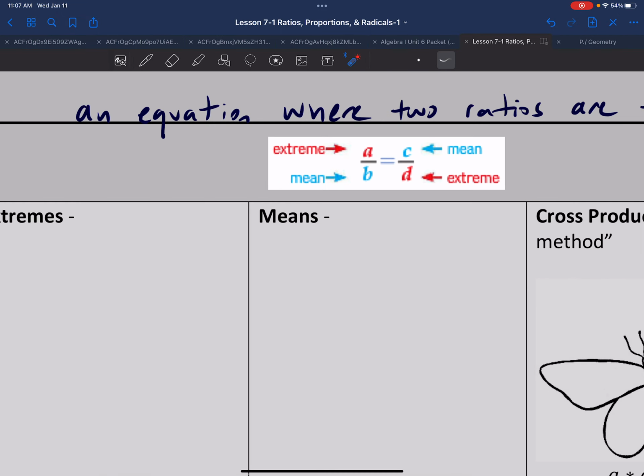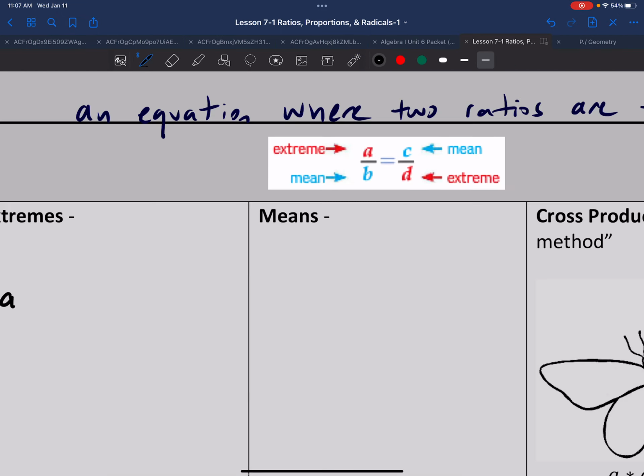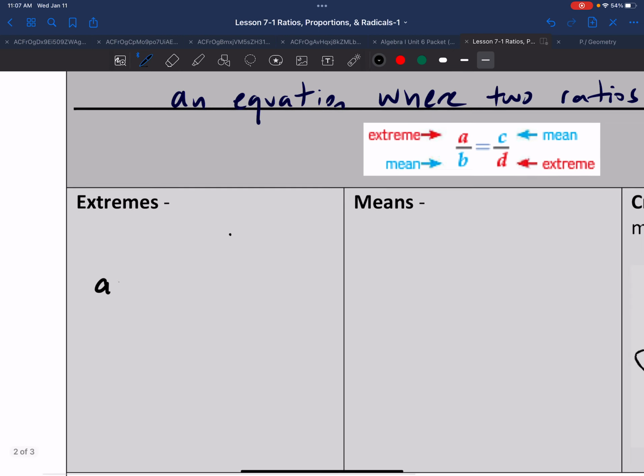So let's write that down first. We say A to B is equal to C to D, and I represent those as colons. The A and the D are what we call the extremes.